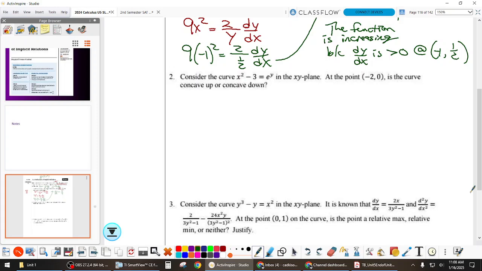Seem okay? So now we're saying, is the curve concave up or down? How do we decide that? Take the second derivative. Yeah. Which one is which?